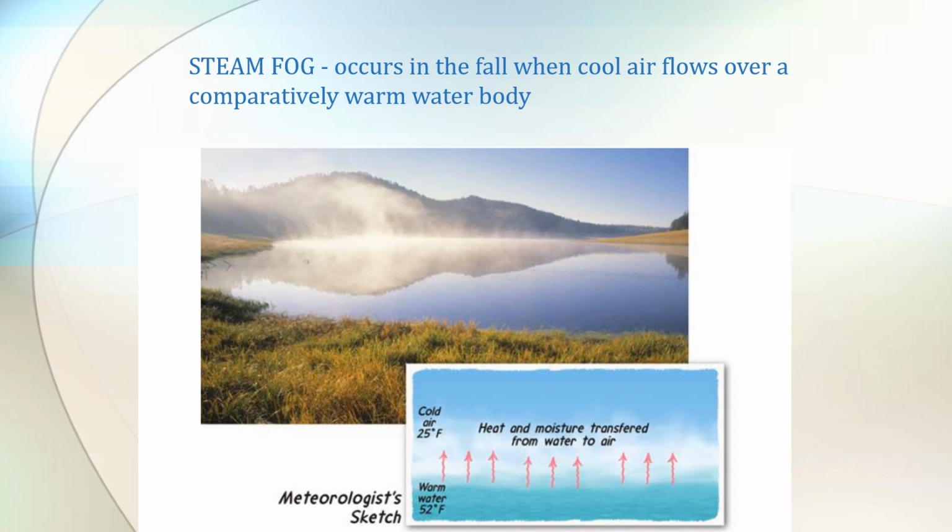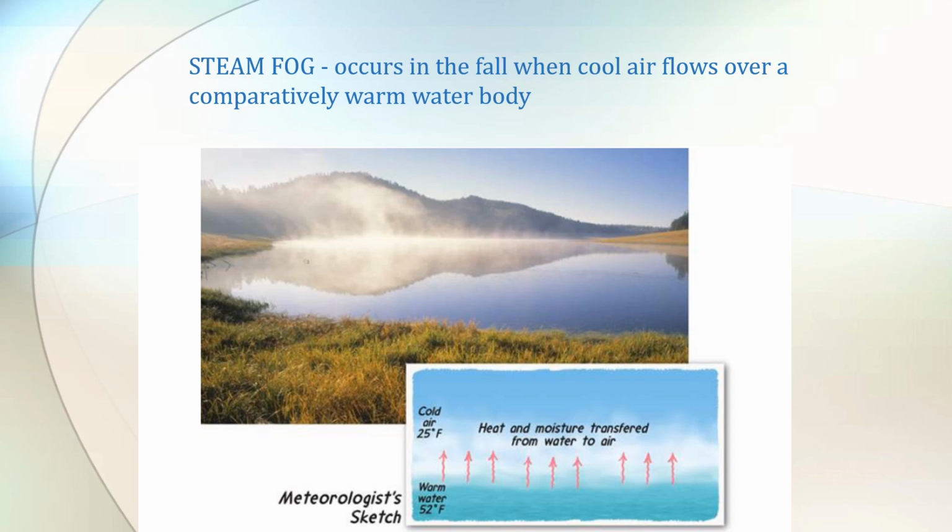And because this foggy air looks like steam, for example, the steam coming from your coffee, that's why it's called the steam fog. We all know what steam is in general. So this fog normally occurs over a water body.